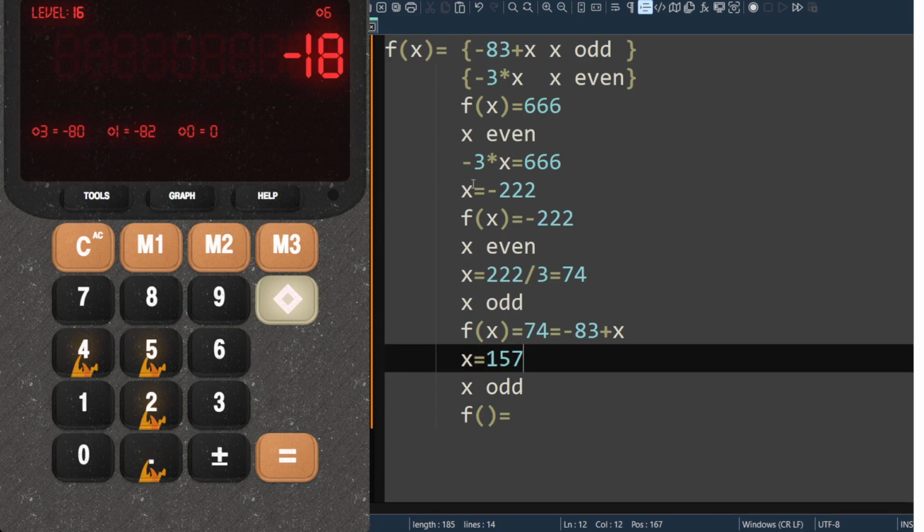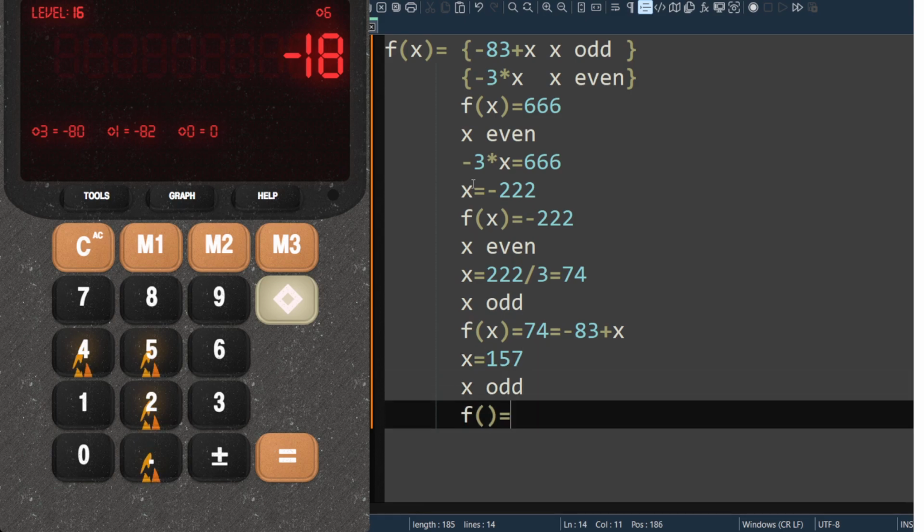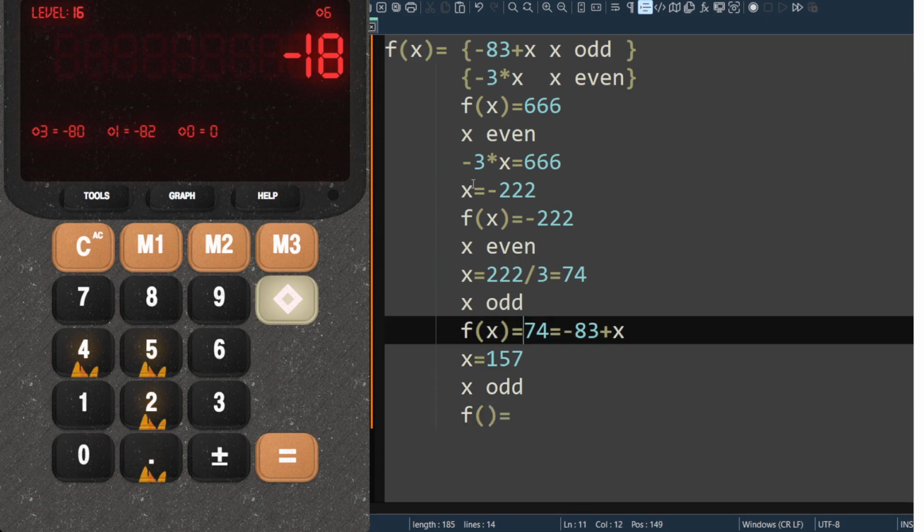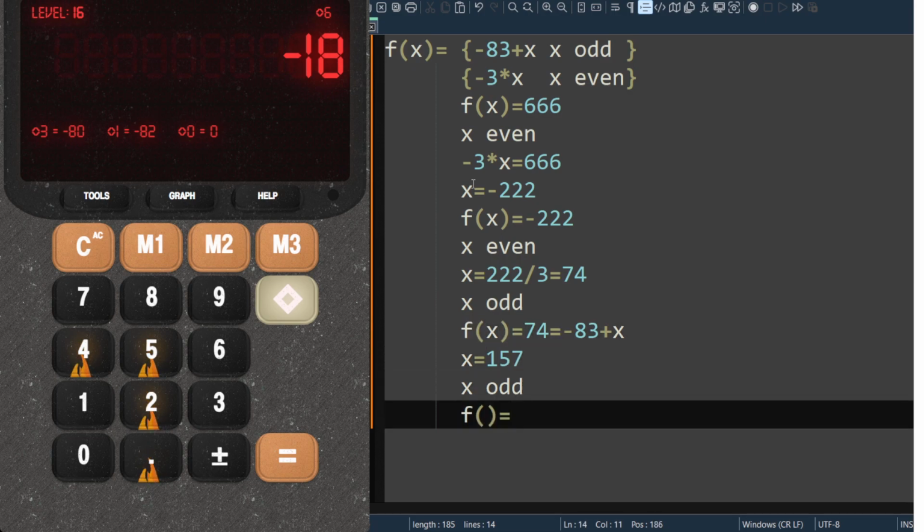And I always know whether this has an even solution by looking at this number, and if it's divisible by 3. You know that if you add the partial numbers 7, 5 and 1 together, 13, if this is divisible by 3, it is not, then the whole number would have been divisible by 3. So 1 on 70 is 57, x equals minus 83 plus x.